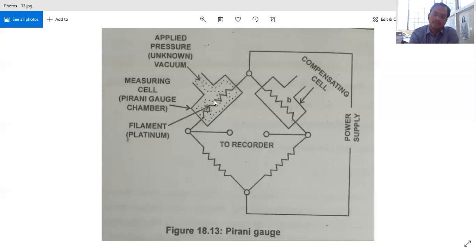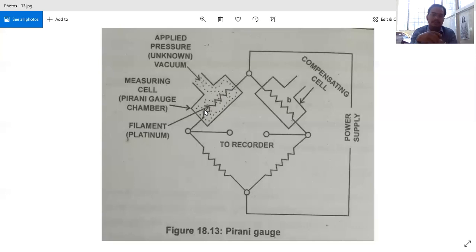If the current is continuously flowing through the conductor for a long time, the temperature of the conductor does increase. We have already seen in resistance temperature gauges, thermometers, that as the temperature increases, the resistance of this particular material will change.